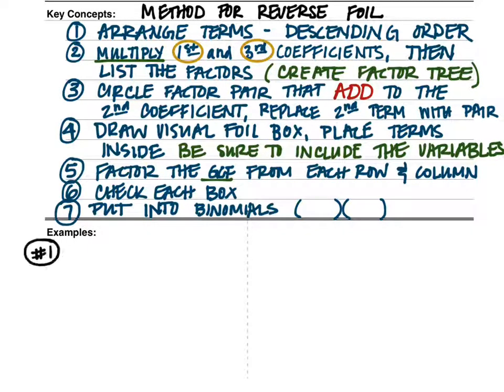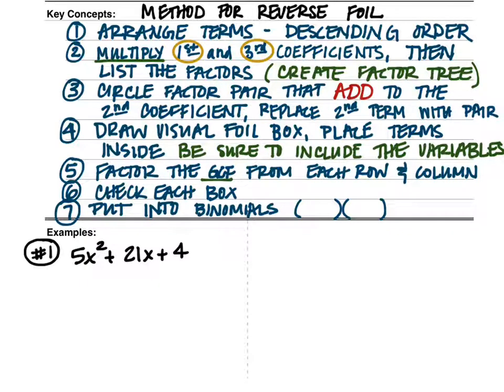So our first example, to show you what this looks like in an active setting, is going to be 5x squared plus 21x plus 4 as our polynomial. Now again, this is a trinomial. There are 3 terms.